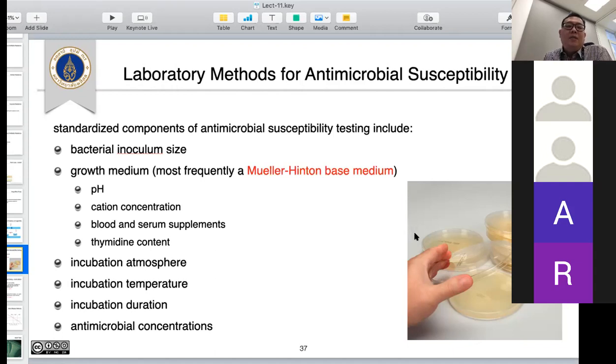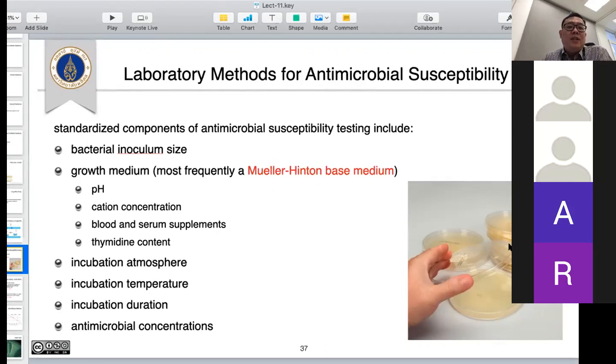So for testing media, we use Muller-Hinton medium. If you use broth, it is Muller-Hinton broth. If you use agar, you use Muller-Hinton agar. And this is the normal color of Muller-Hinton. The reason we use Muller-Hinton is that it is more or less like nutrient agar plus starch.